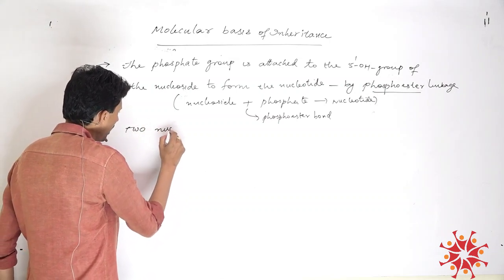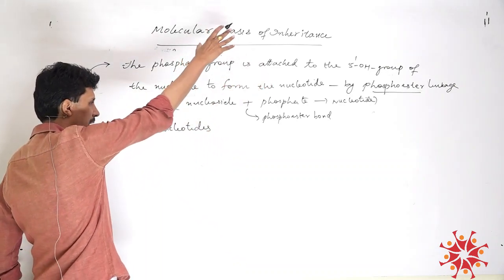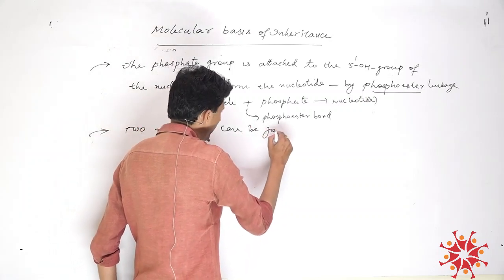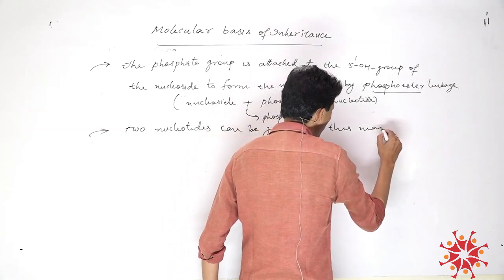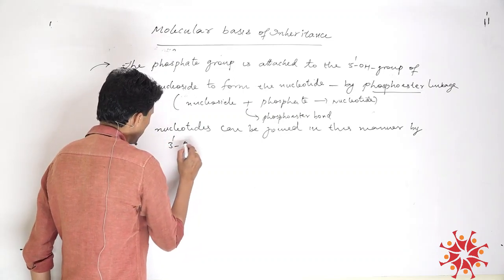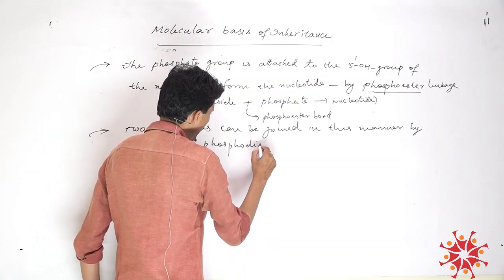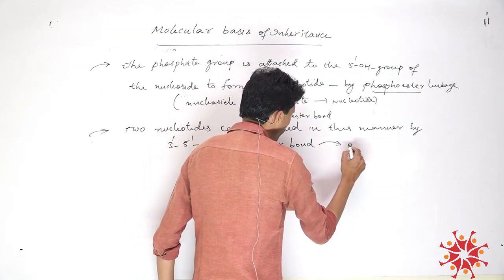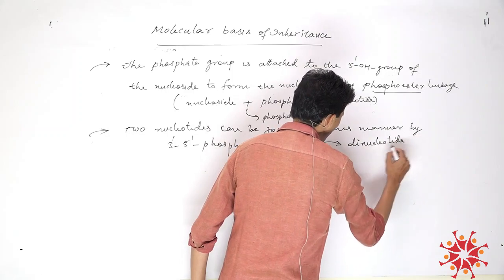Two nucleotides. You have got here first nucleoside, then nucleotide. Two nucleotides can be joined in this manner by phosphodiester bond to get a dinucleotide, right?